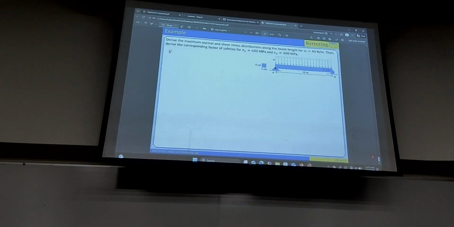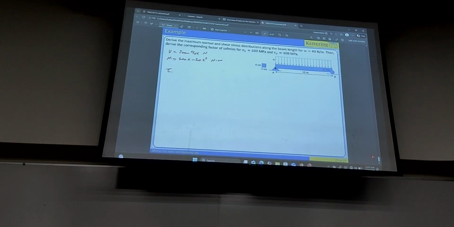Keep in mind that for this problem, V that we calculated was 200 minus 40x Newton, and M was 200x minus 20x squared Newton meter. Having these, the rest is straightforward.